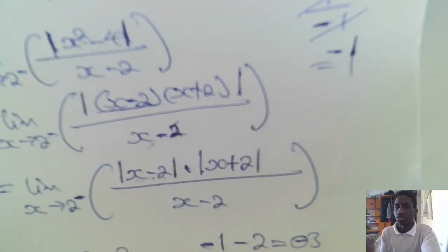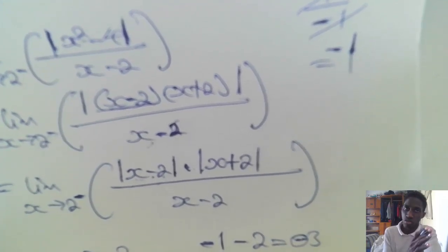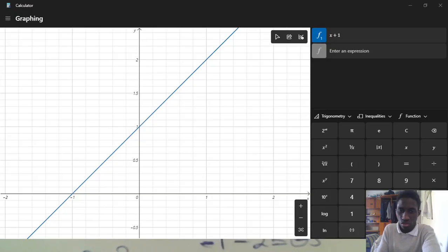It's still negative. All numbers to the left of 2 are less than 2. We can see that on a typical graph: 1 is less than 2, 0 is less than 2, minus 1 is less than 2. Because we're approaching from the left, we're using numbers from the left to approach 2.